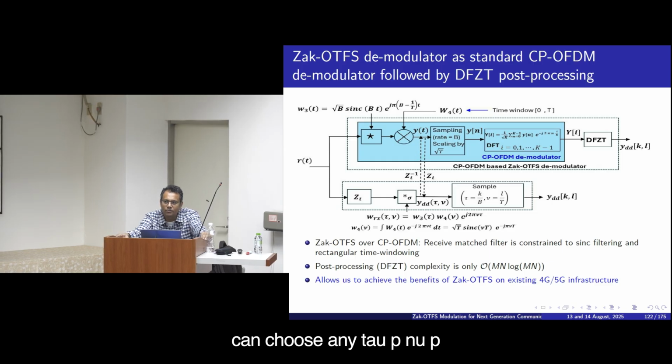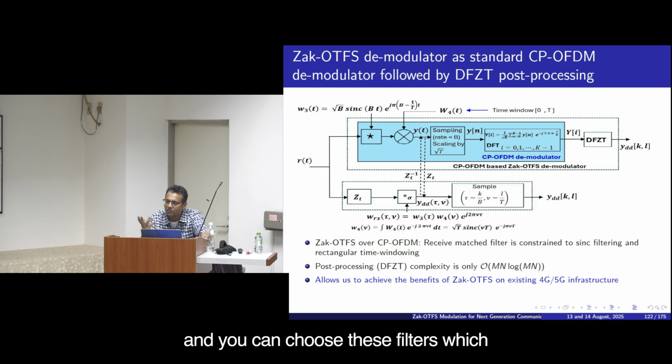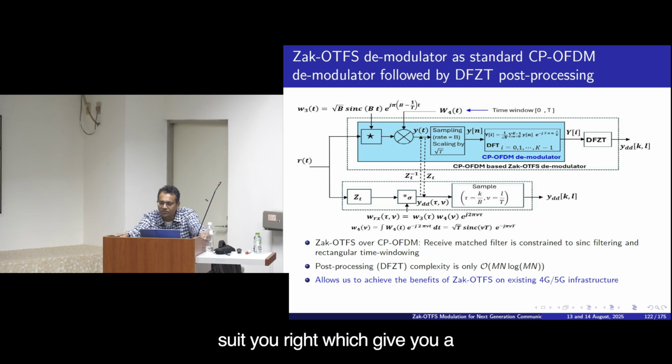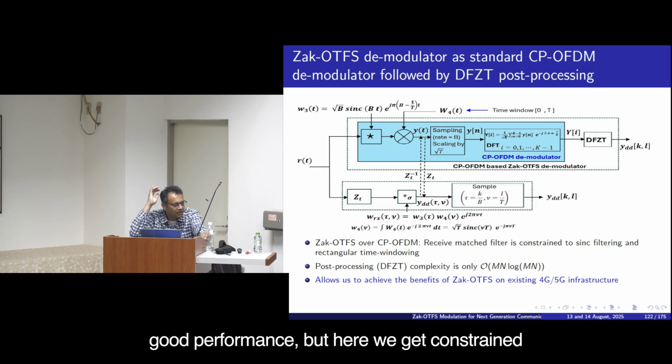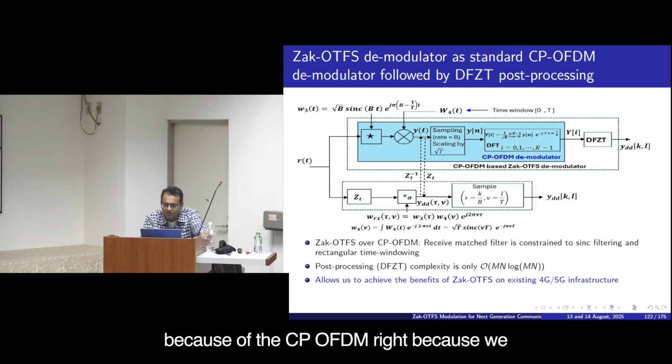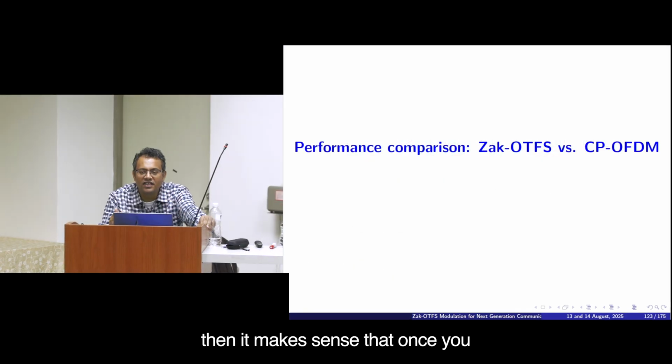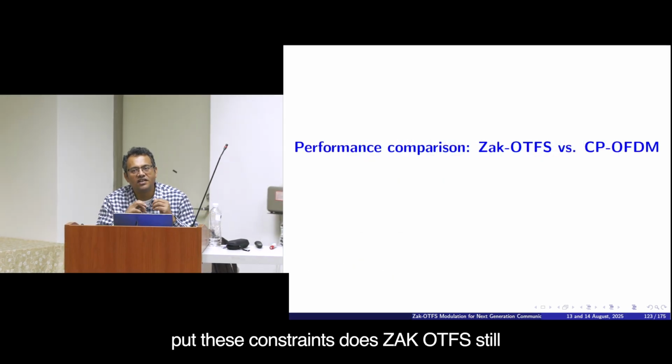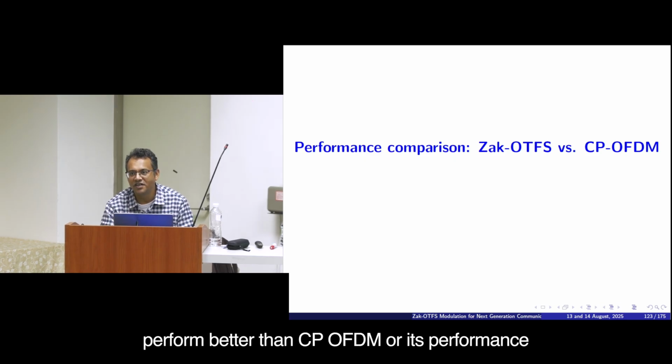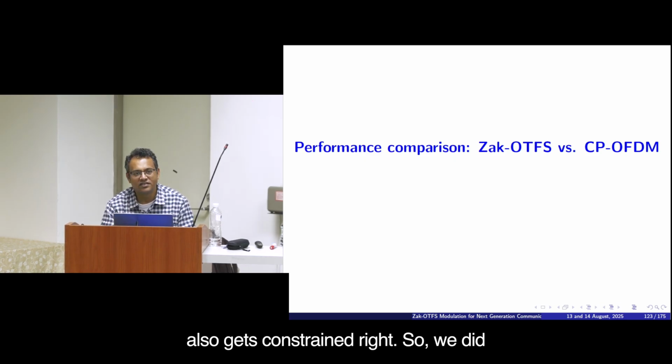You can choose any tau p, nu p, and you can choose these filters which suit you, which give you good performance. But here we get constrained because we have to implement it over CP-OFDM. So then it makes sense to ask: once you put these constraints, does Zak-OTFS still perform better than CP-OFDM, or does its performance also get constrained?